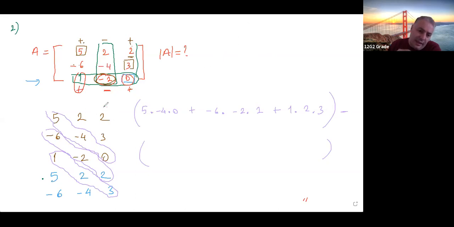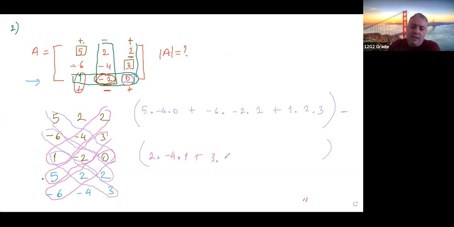Now, let's say this, and this. We will multiply 1 times negative 4 times 2, or 2 times negative 4 times 1, plus 3 times negative 2 times 5, plus 0 times 2 times negative 6. So what will be this result?